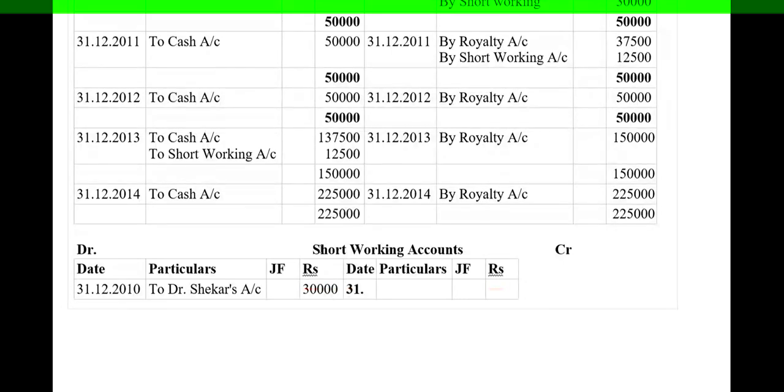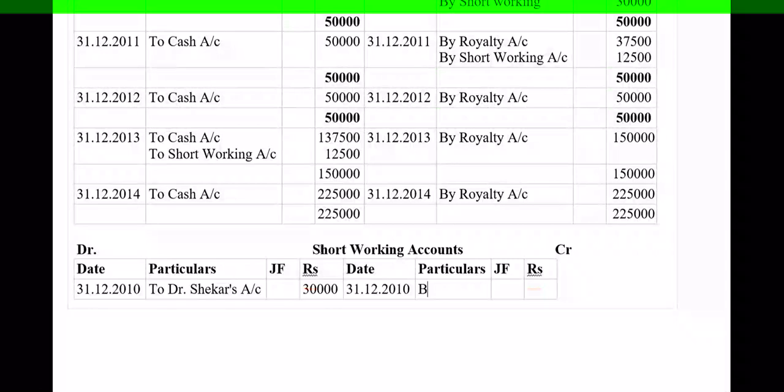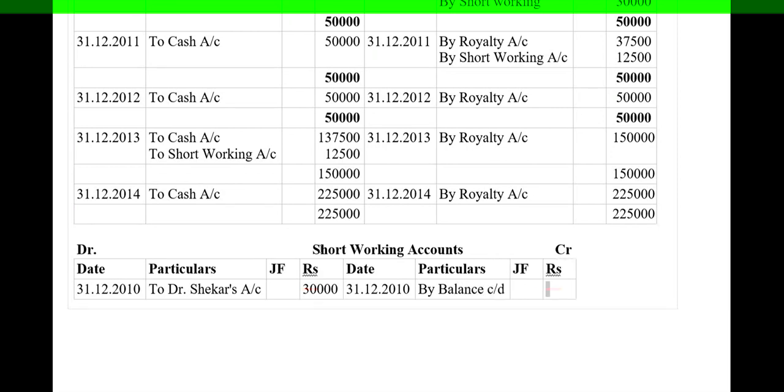So on 31st 12 2010, so let us write here by balance carry down. So it is again 30,000.